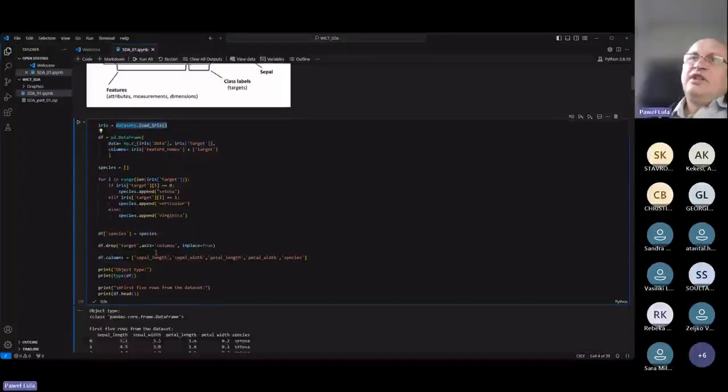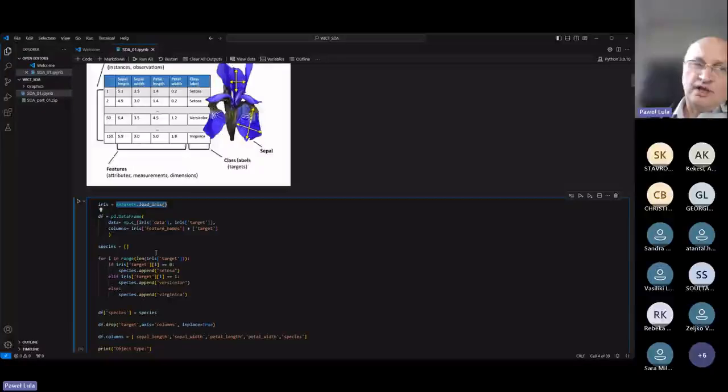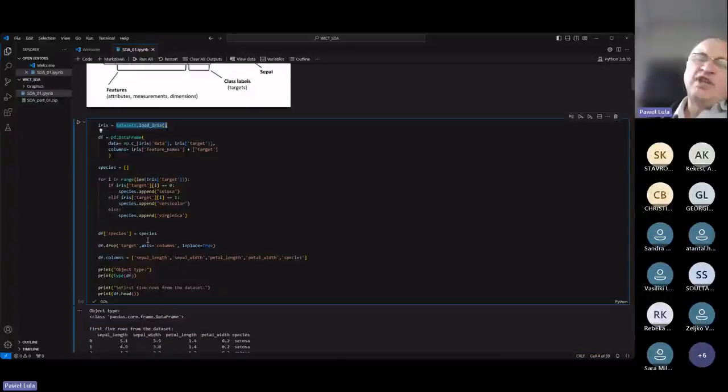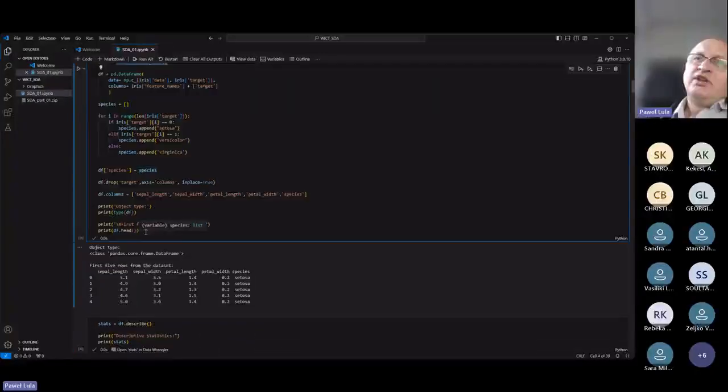But here you can find a program which is useful for loading this dataset, and I made some modifications here. I transformed it into a typical data frame object, which is used in Python or in R language or in other languages.